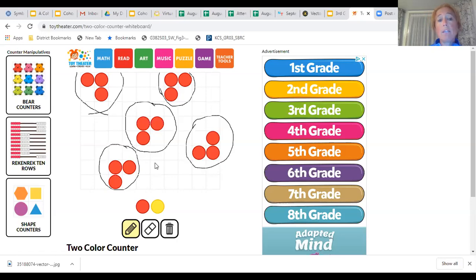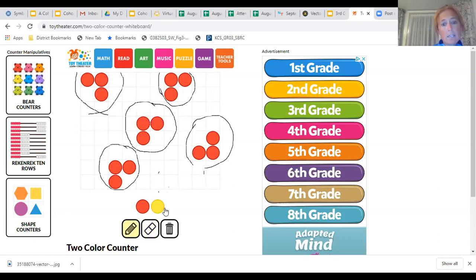Now, if we're doing repeated addition, we would need to add each of these bags up to get the total number of bananas. And it's repeated addition because it's the same number in all the bags. So it'd be like saying 3 plus 3 plus, you know what? I'm not going to have enough room right here. So I'm going to take my equation and put it in a different spot.